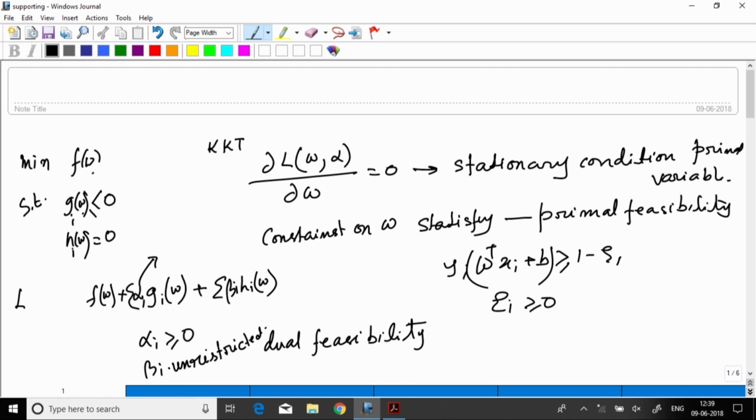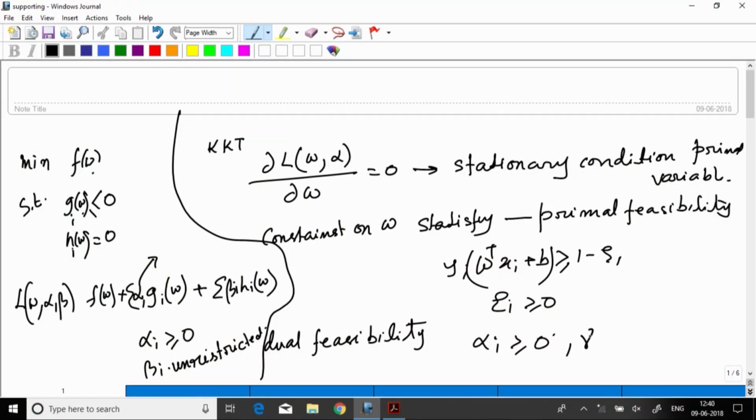Okay, so this is how we get this Lagrangian function. This will then have all the parameters, primal parameters and dual parameters. For us, we do not have any beta because we do not have any equality constraint in SVM. We have all inequality constraints, so we have used the alpha and the gamma.